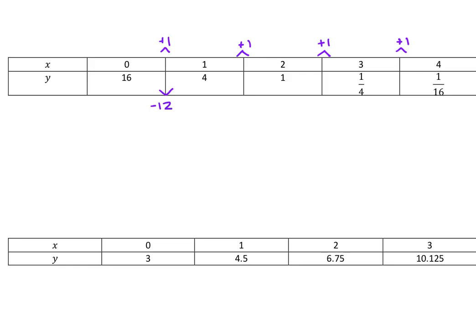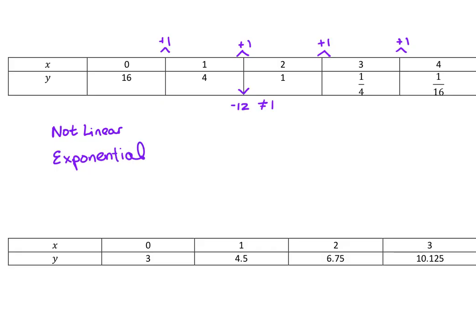But do we do the same thing across the board? Well, 4 minus 12 is not equal to 1. And so this is not linear. Well, it only gave us one other option. It has to be exponential.